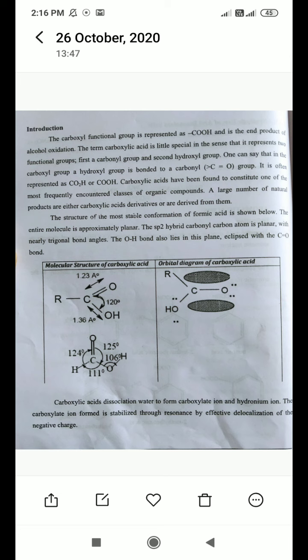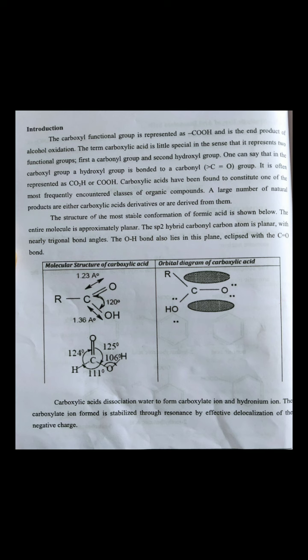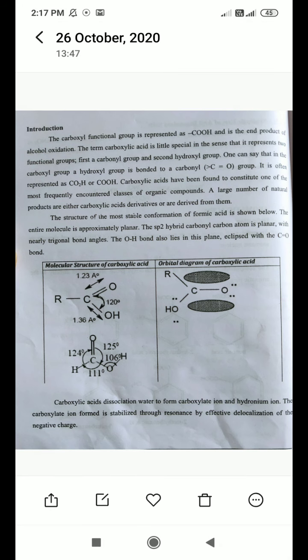Resonance means we can draw the electron movement or charge movement throughout the compound, how it moves from one atom to a second atom, a third atom, back to the first atom. By creating a number of resonance structures, it becomes a stable compound. These are the parameters we have seen earlier.